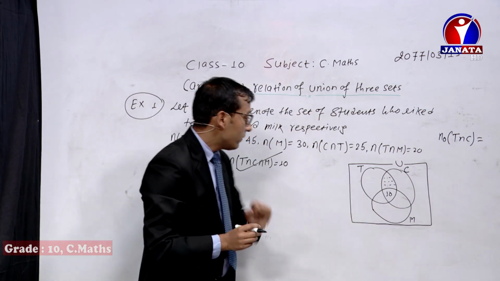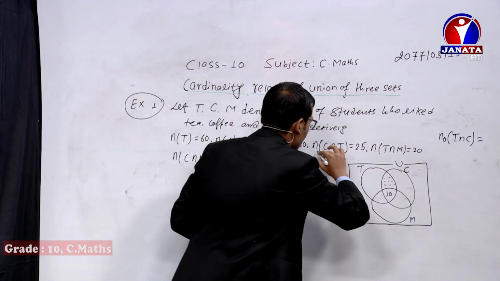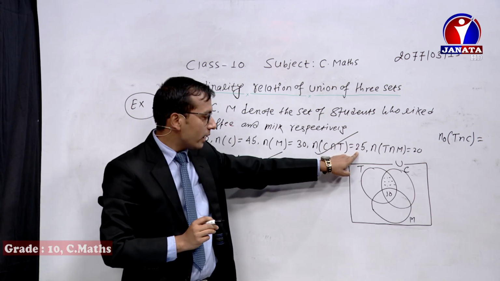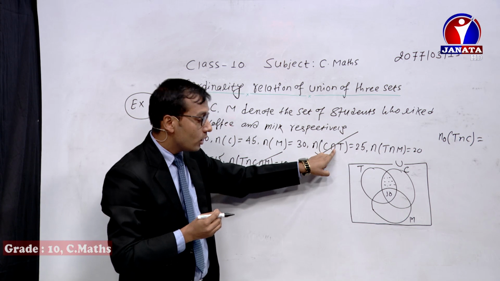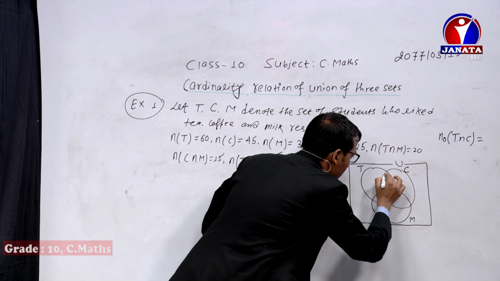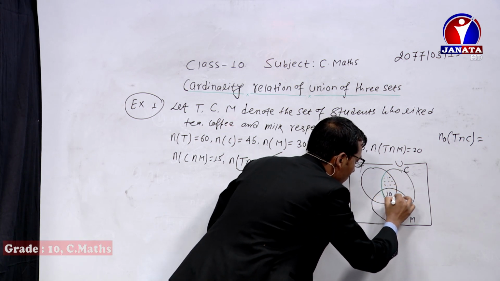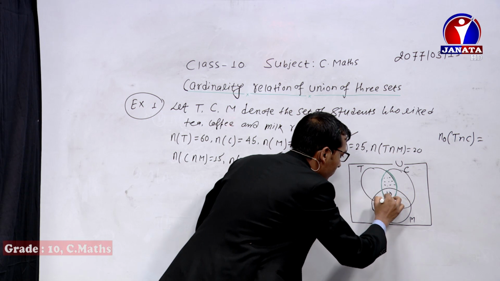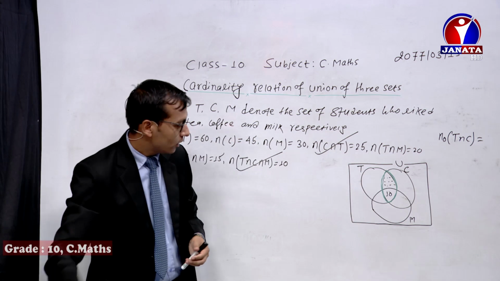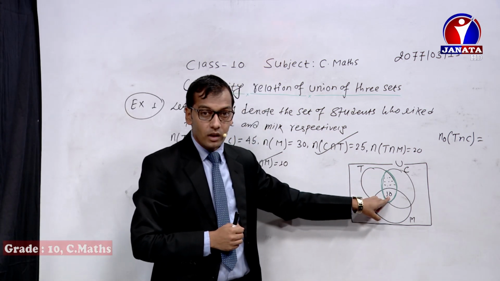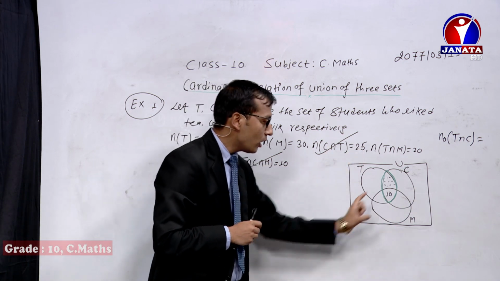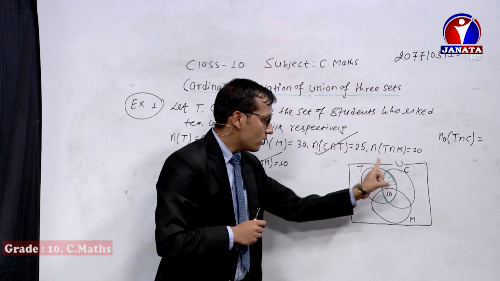We have T intersection C, which is 25, but T intersection C includes 2 different regions in the diagram. This is the common region of T and C, but 10 is already inserted. So if we deduct 10 from 25, we obtain the number to be inserted in T intersection C only.